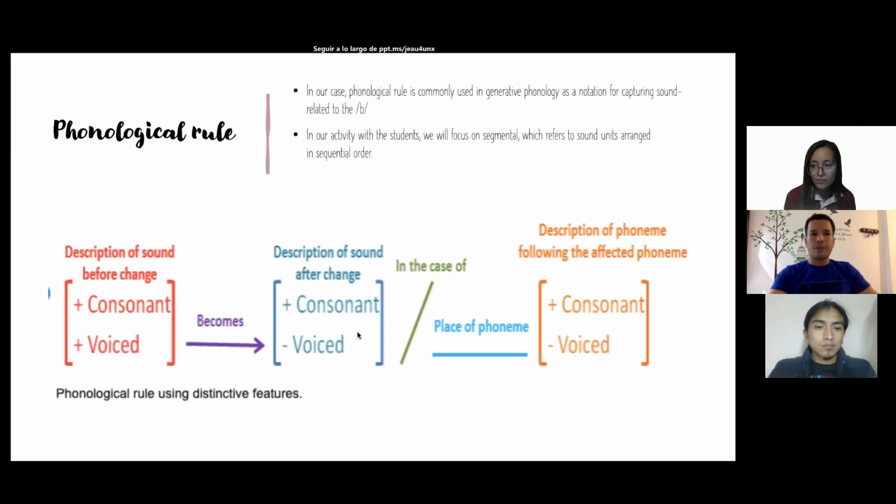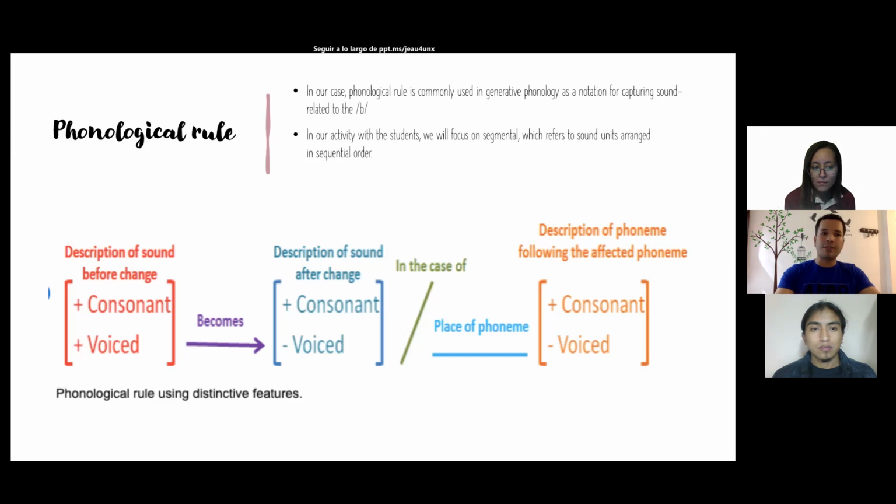And then we got the phonological rule. In our case, phonological rule is commonly used in generative phonology as a notation for capturing sound related processes, in this case. In our activity with the students, we will focus on segmental, which refers to sound units arranged in sequential order.